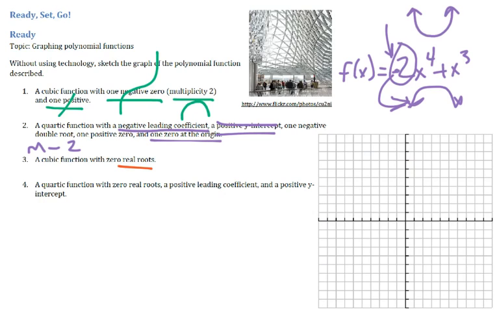Let's take a look at number 4. Quartic function with 0 real roots, a positive leading coefficient, and a positive y-intercept. Okay, this one sounds more plausible. So its leading coefficient, like this, is positive instead of negative, meaning it's going to go up both ways. So that one doesn't have to cross the x-axis. Now we've got a positive y-intercept somewhere around here.